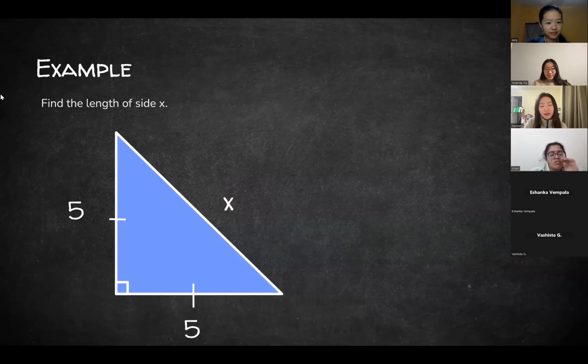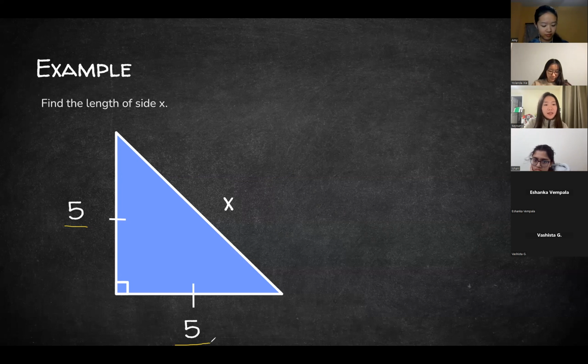Okay, find the length of side x. So don't get confused because we did say that legs were x in the previous slide, but here the legs are 5. So now to find the hypotenuse, all you have to do is multiply 5 by square root of 2. So what does that become?